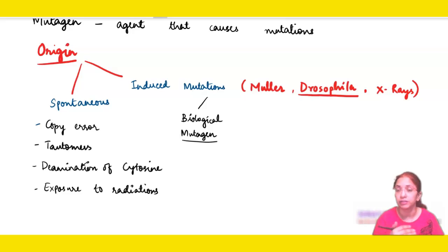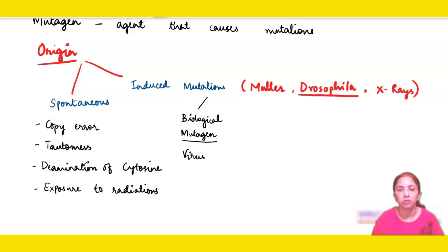Sometimes deliberately we use the mutagens or the agents that will cause the mutation. So whenever any living entity is used to cause mutations in another organism, we should call it a biological mutagen, and generally we use viruses for this purpose.